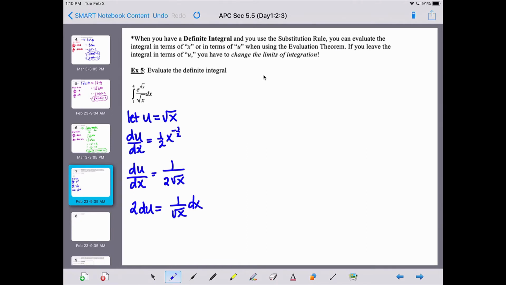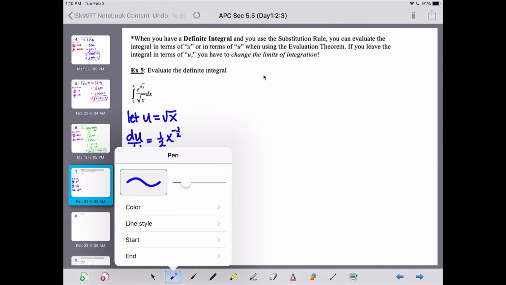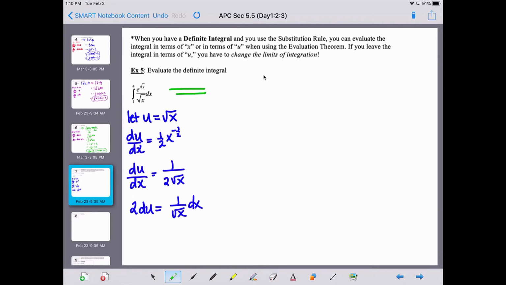Okay, so now if I am looking at my given integral, and I am thinking of how I'm changing this to be in terms of u, I've got the integral of e to the square root of x power times 1 over the square root of x dx. I'm just rewriting it like that, spreading it out a little bit.